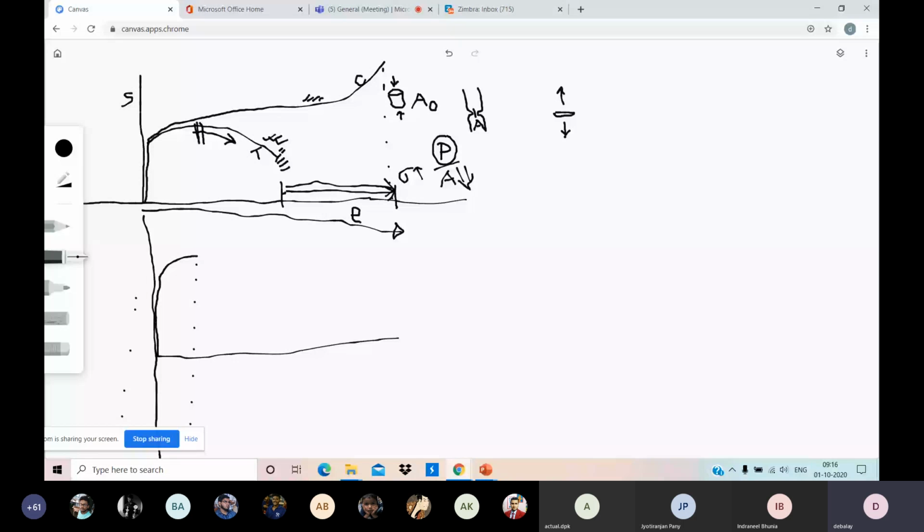And I said that more than 90% reduction in area is possible. So if you start with a cylinder, you can end up with a big plate with a very small thickness if you apply compression. So there will be a huge amount of plastic deformation.